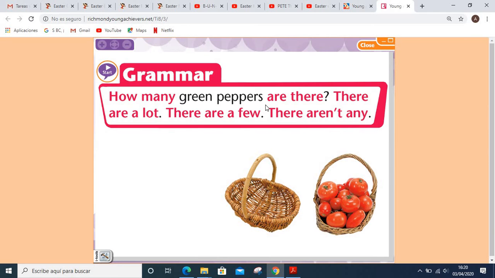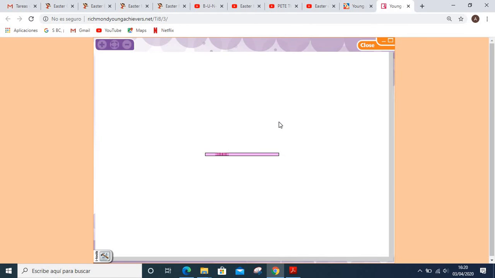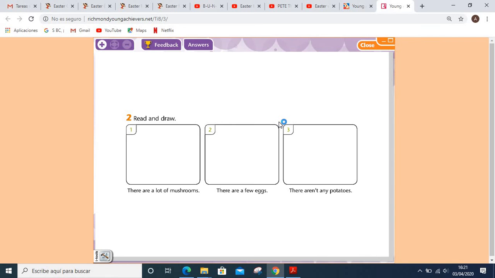So here you've got the grammar to help you. Now we go to exercise number 2. And in this exercise you should read and draw. There are a lot of mushrooms.